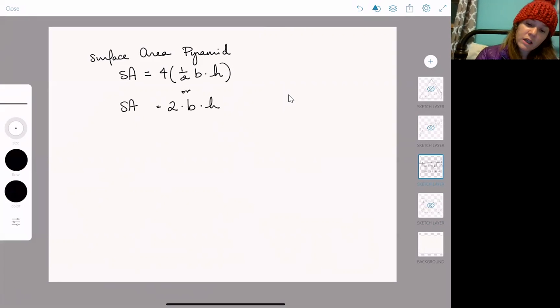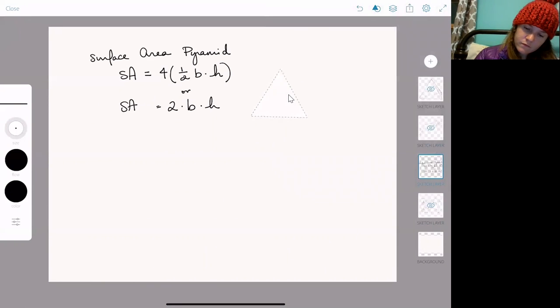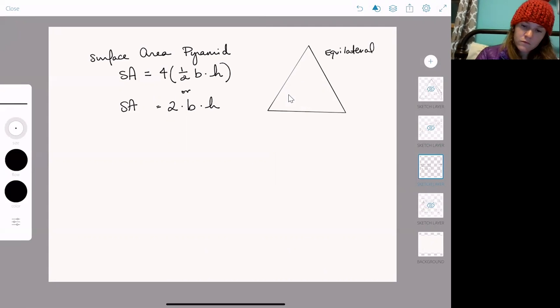But this is only for equilateral triangles, okay? Only.